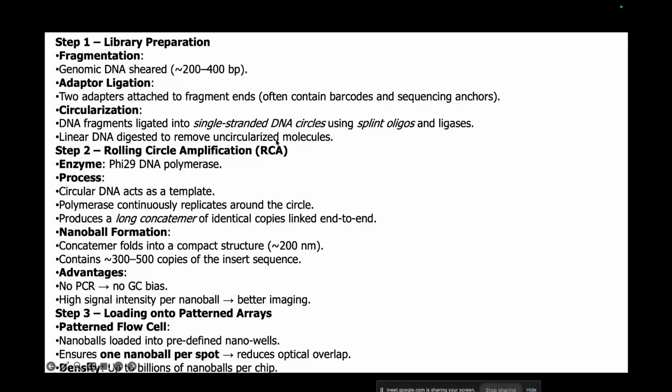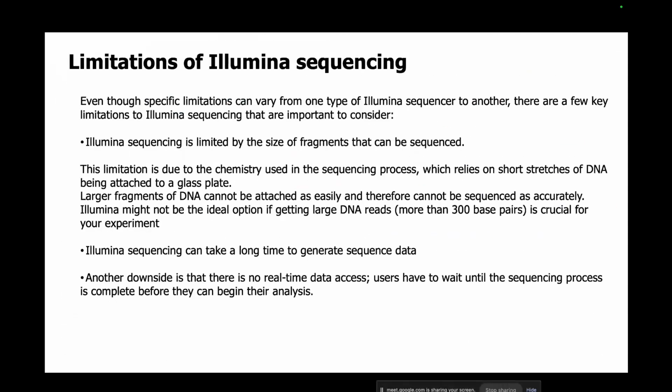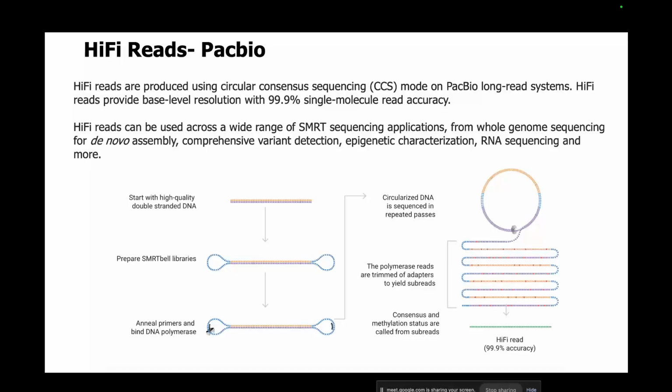We had single-stranded DNA, we made it circular, and we amplified it. We said that this is a good idea in terms of accuracy, and also rolling circle amplification is a good thing compared to other PCR amplification and so on. The same concept applies here, except we are using the SMRT technique, not the nanoball technique, but the kind of reads that we are generating is similar. These are the single linearized DNA.